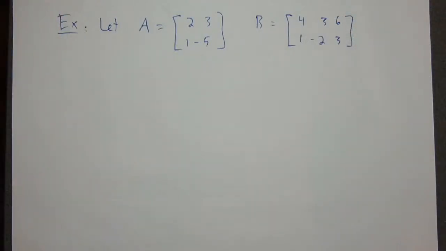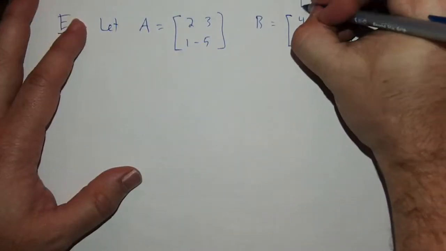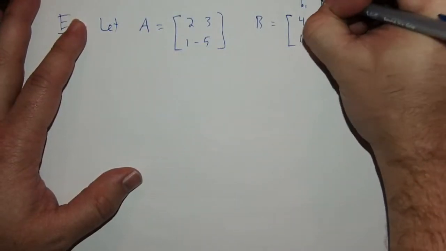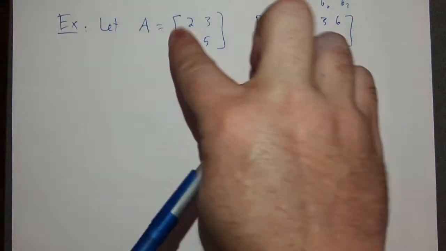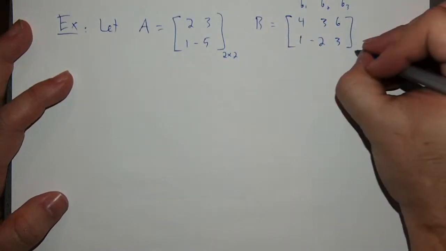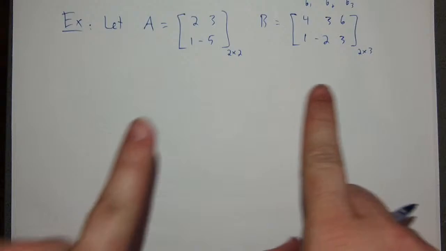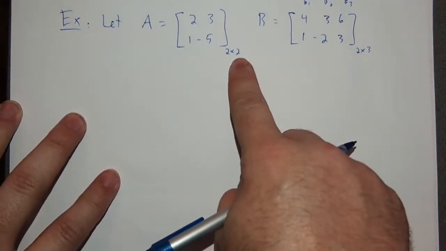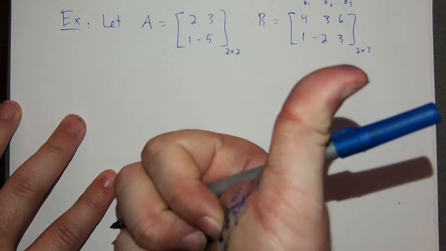Okay. Calling these columns B1, B2, and B3, just checking, A is a 2 by 2, B is a 2 by 3, and so the columns of A match the rows of B, so this is good.